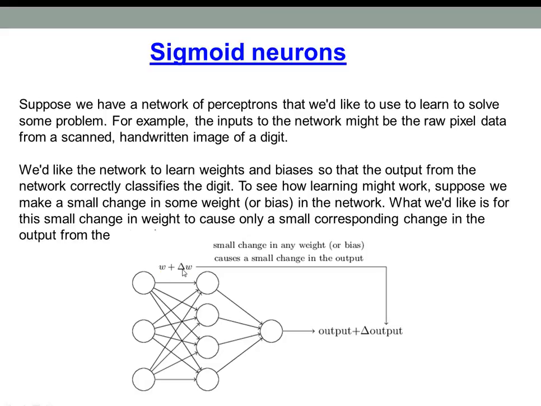What we'd like is for the small change in the weight to cause only a small corresponding change in the output from the network.